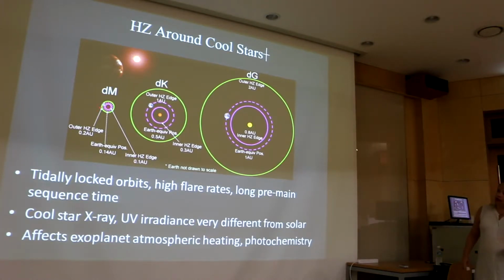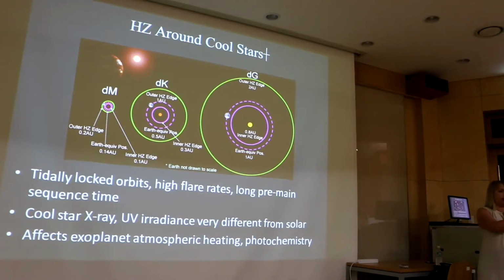So now if you try to find something the size of the Earth around a cool star like an M star, the habitable zone is between 0.1 and 0.2 AU. Remember, the Earth is at 1 AU, so it's 1/10 the distance of the Earth from the Sun. So you can see the Earth's equivalent position to get the same amount of flux it gets from our Sun is 0.14 AU. That's very close.